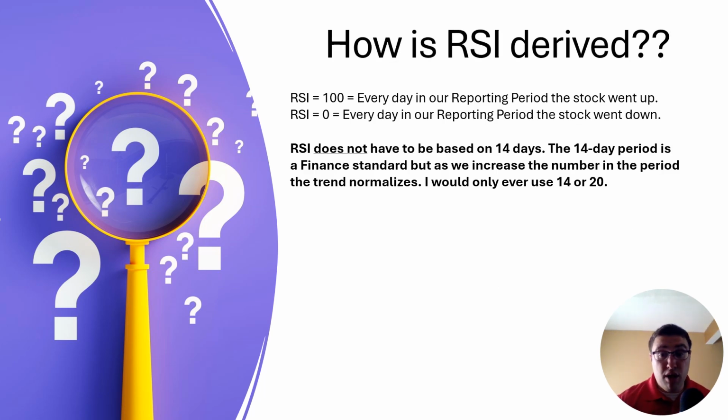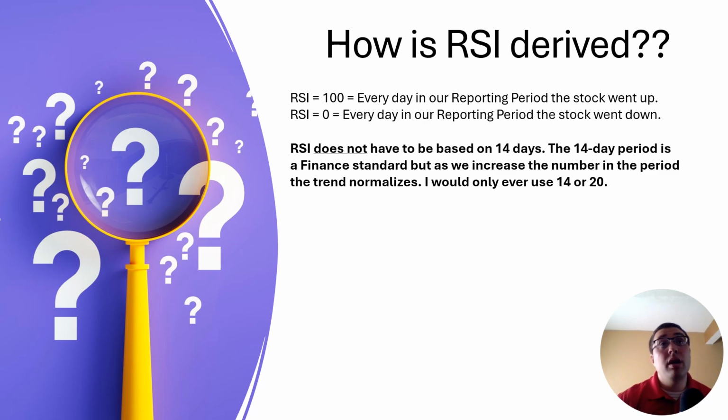If you went to an RSI of 100, that means that every single day in your reporting period, the stock went up. Likewise, RSI of 0, every day in our reporting period, the stock went down. Okay? And likewise, usually it's done over 14 days.